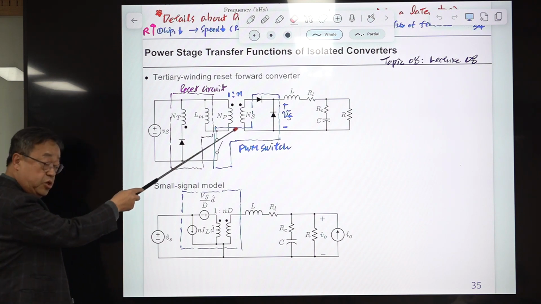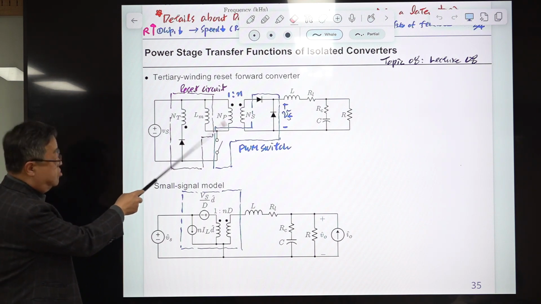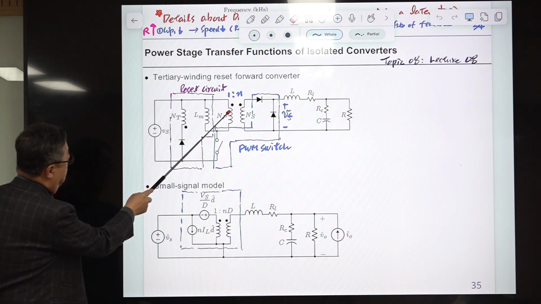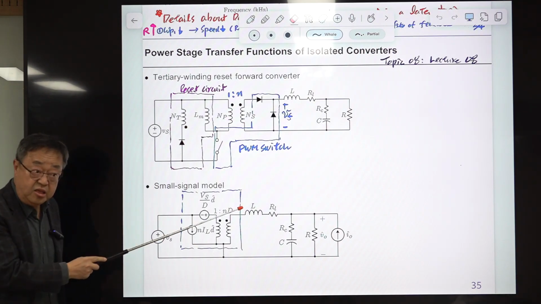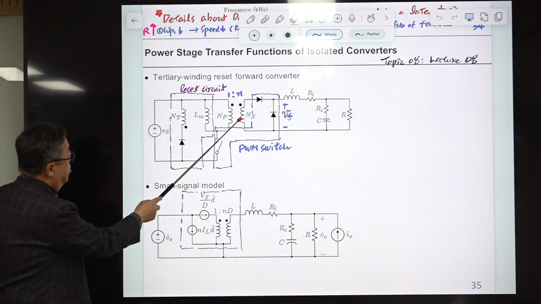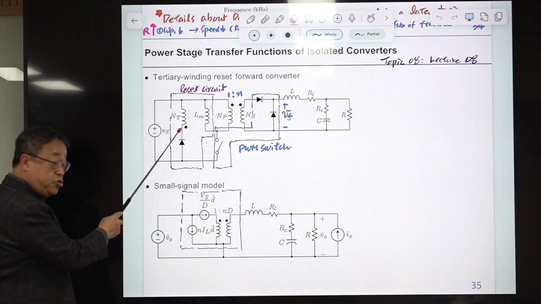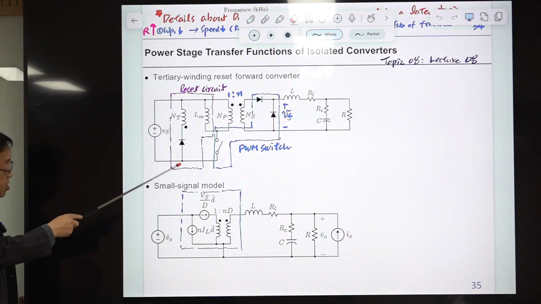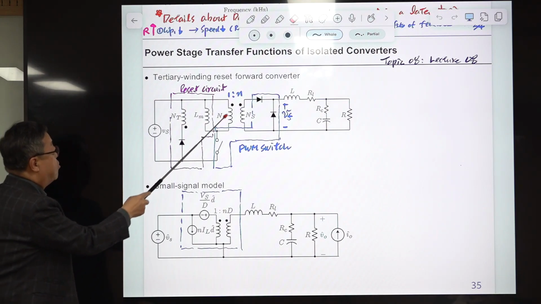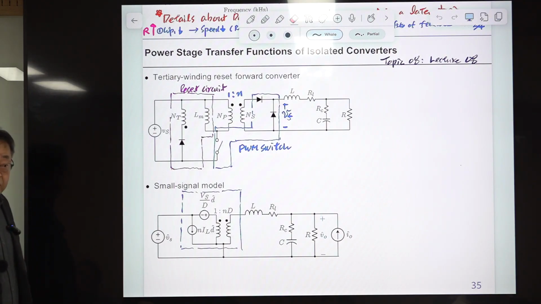This is the isolation transformer, so it is called an isolated converter, and the transformer has three windings: this is the primary winding, this is the secondary winding, and this is the tertiary winding. The tertiary winding is necessary to reset the core of this transformer.